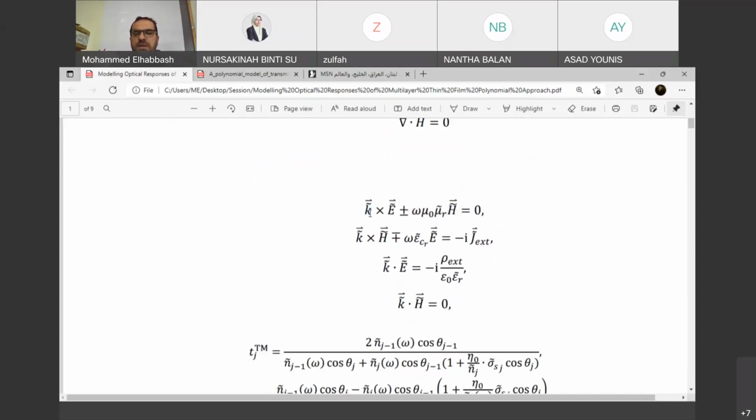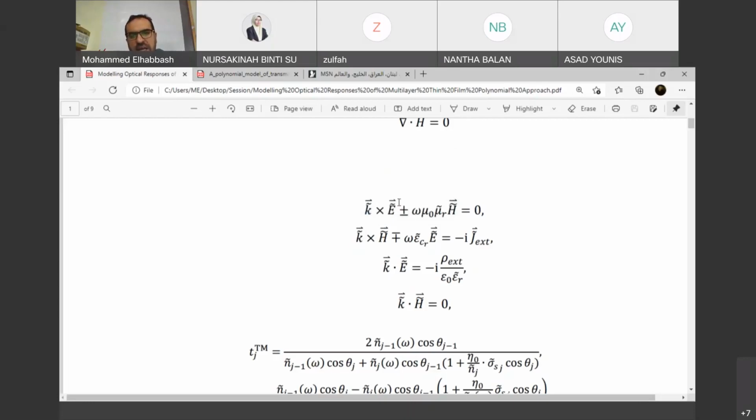We depend on the wave vector so much in our work in the polynomial approach. The polynomial approach is a mathematical model, which means that we can use it in electromagnetics and in electricity in general. The wave vector describes the amplitude and the direction of the wave in general.